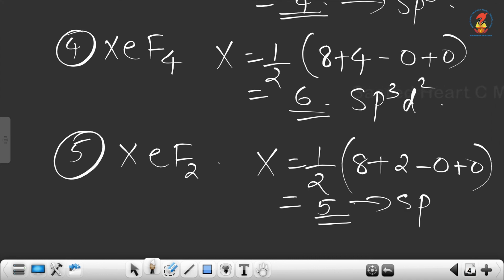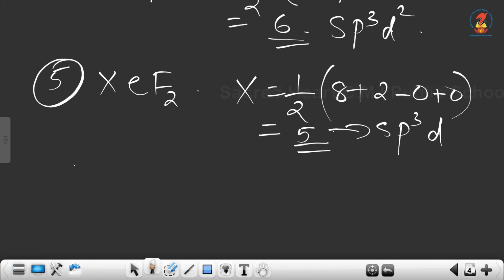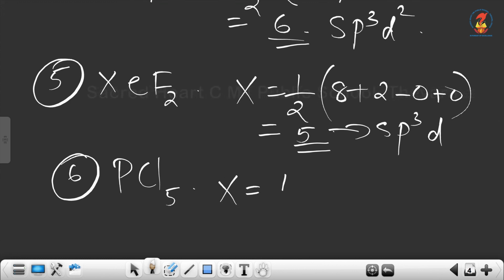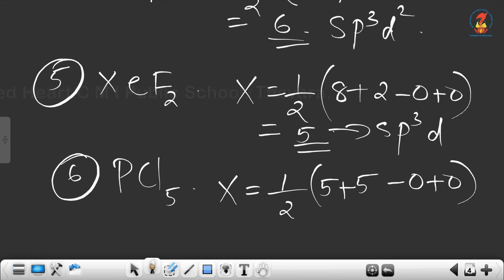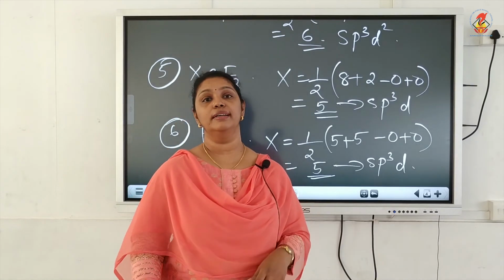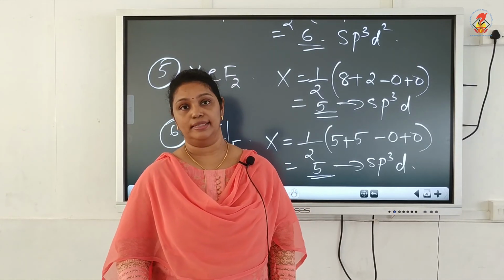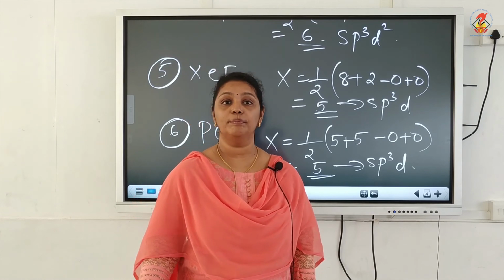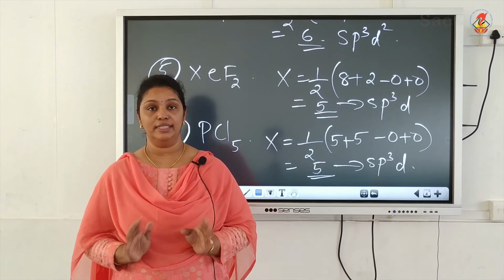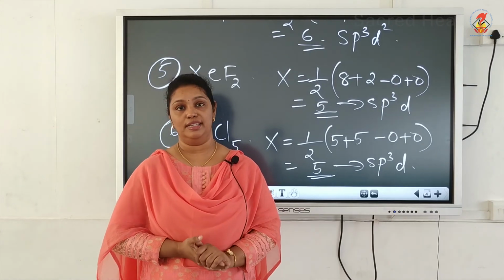So the hybridization is sp3d. Now the last one is PCl5. X is equal to half into 5 plus 5 minus 0 plus 0, which is equal to 5. So the hybridization is sp3d. This is how we find the hybridization of the central atom in a molecule. So with this we complete the valence bond theory based on hybridization. Thank you.